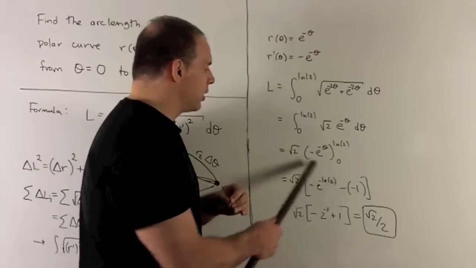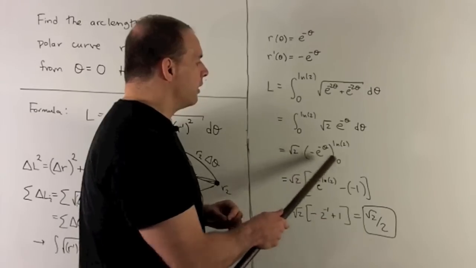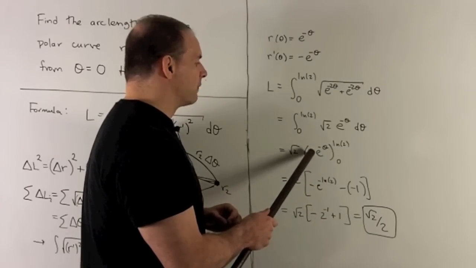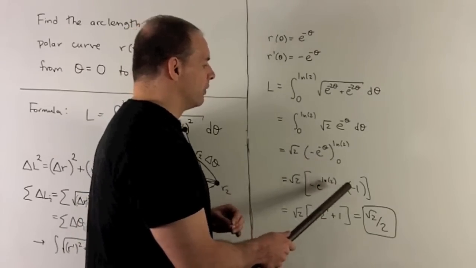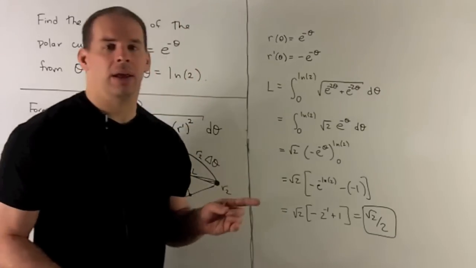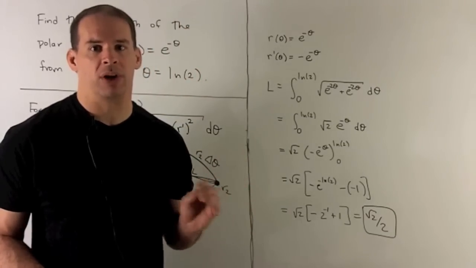So this term is minus 1/2. Then putting 0 in, we have e to the 0, which is 1, with a minus sign in front, so minus 1. Minus a minus gives me a plus 1. So 1 minus a half gives me a half, and with the square root of 2, we get square root of 2 over 2.